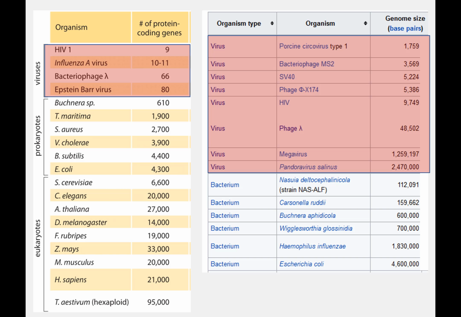It's highly dependent upon the host cell to provide all of the rest of the stuff it needs. At the complete opposite end are those megaviruses. Pandoravirus is another one of those large viruses. And sorry, I'm not looking at the right thing, but megavirus has 1,120 protein coding genes.